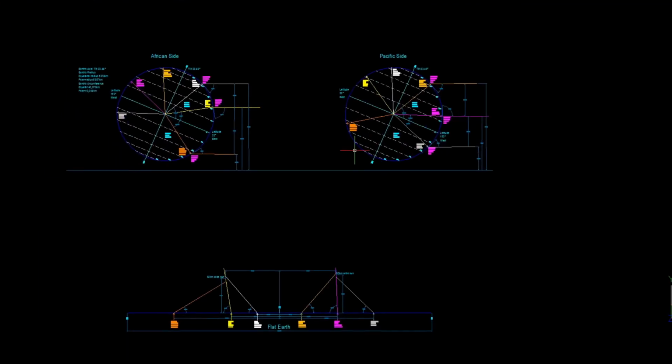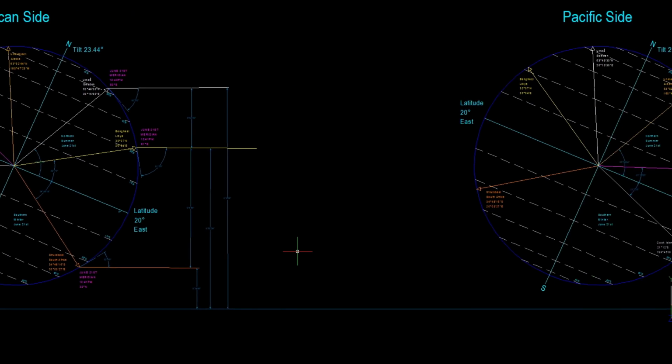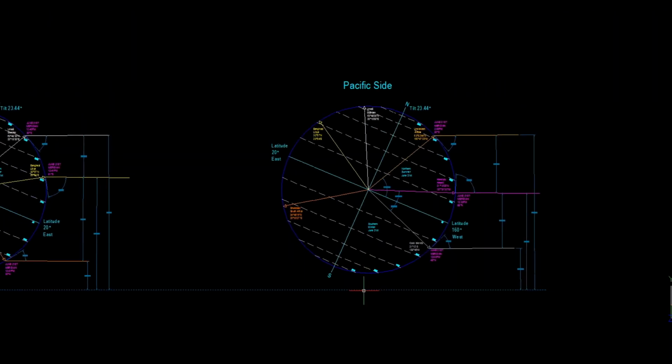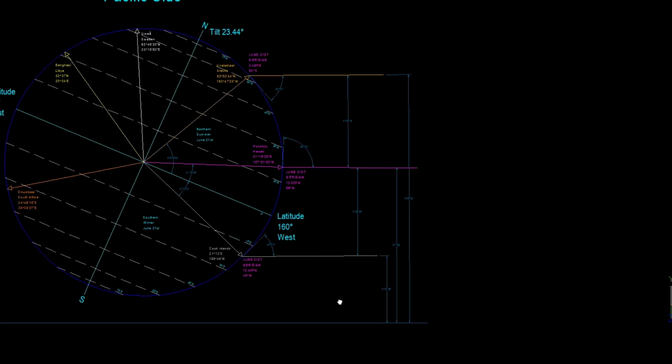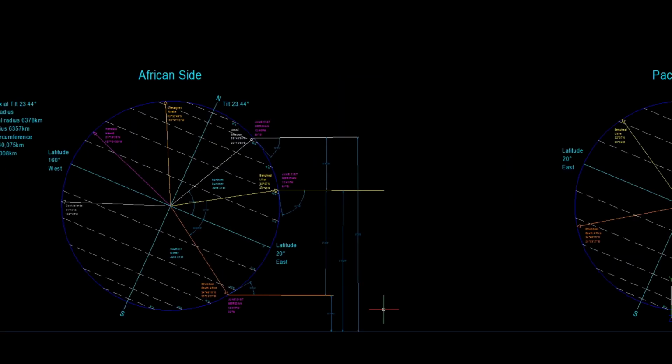So yeah, so like in terms of this, the globe with its axis there, these lines are within 1 degree of this level line here, on both sides, on the Pacific side and on the African side.